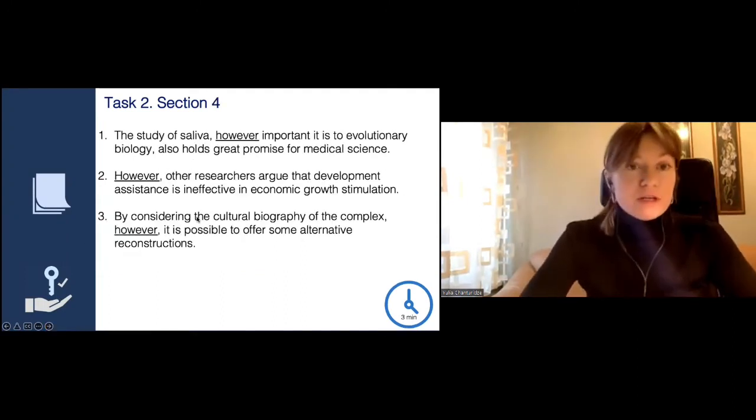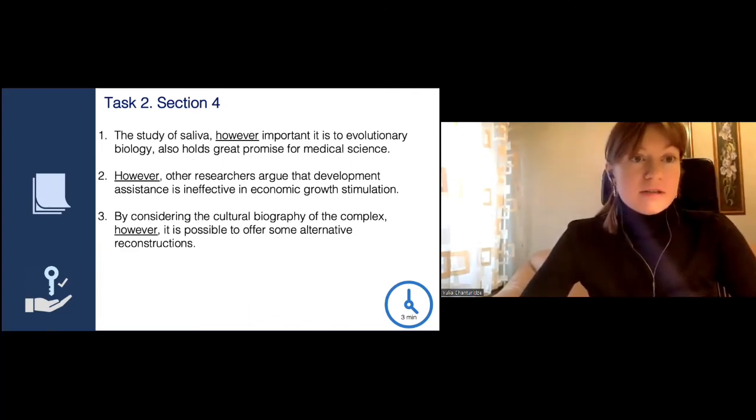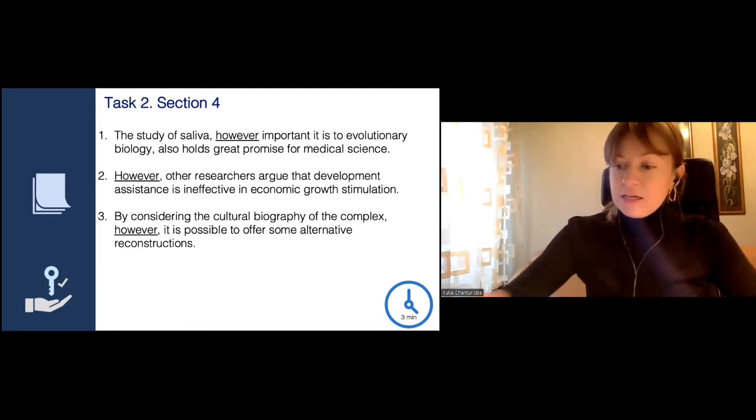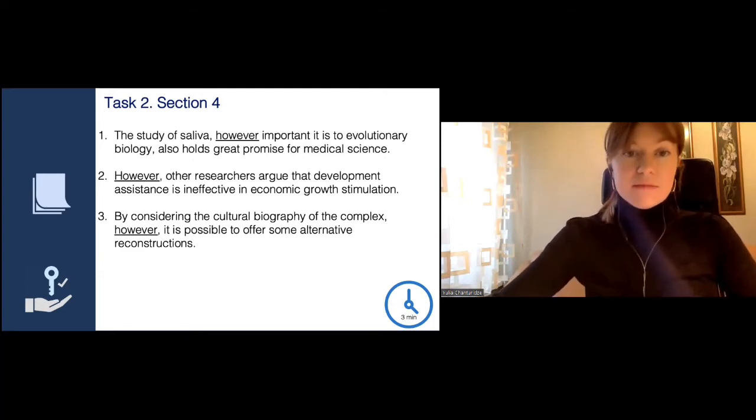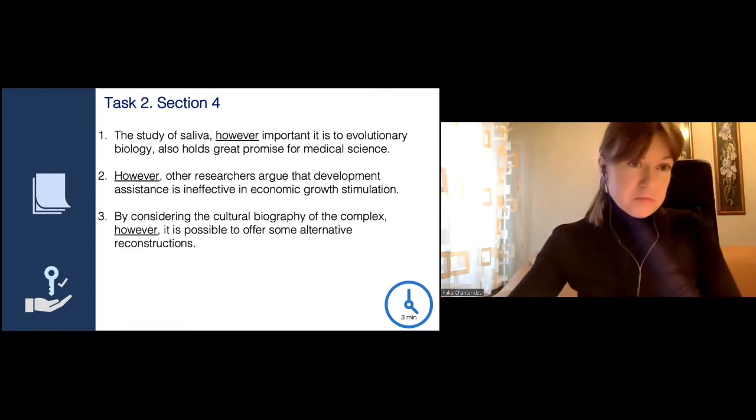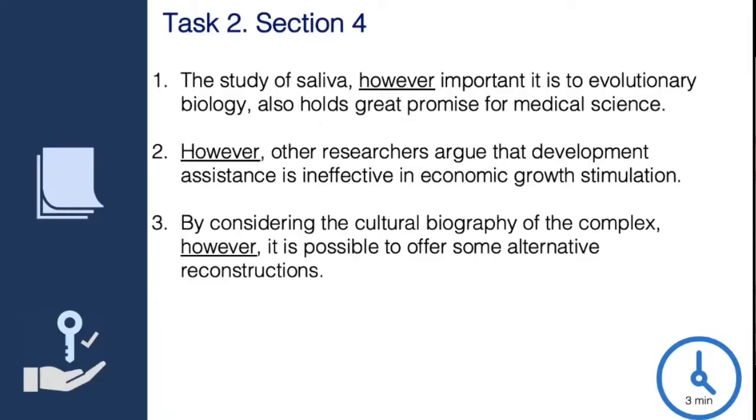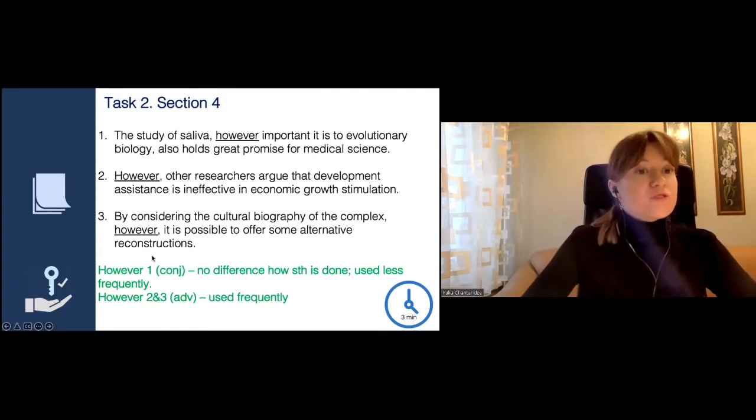Now we're approaching a bit larger group. So this time contrast, and in this case, one and the same word is used in 3 sentences. So I will give you some time to look at the sentences and figure out the difference. In the first one, however, is a conjunction.